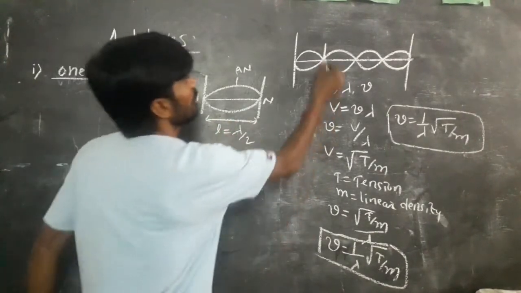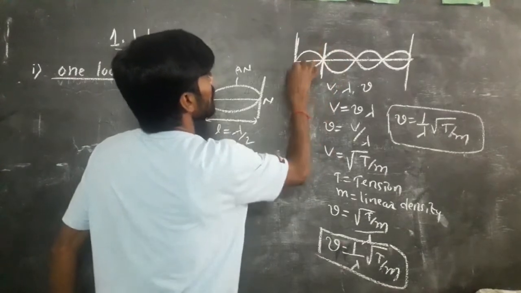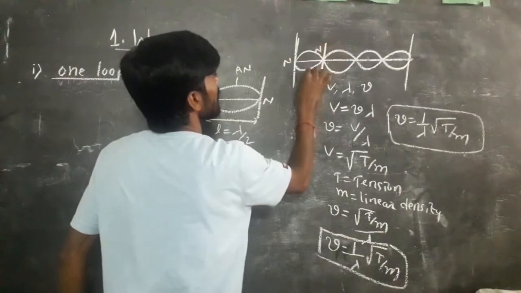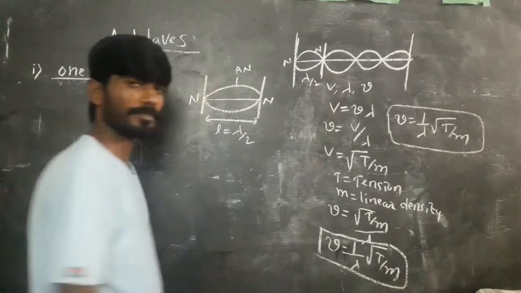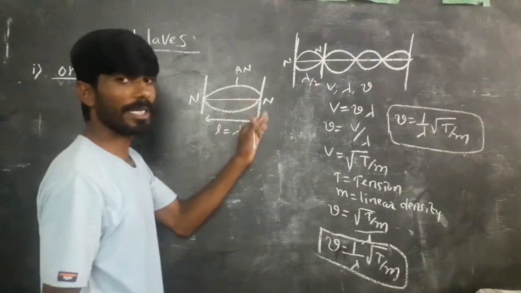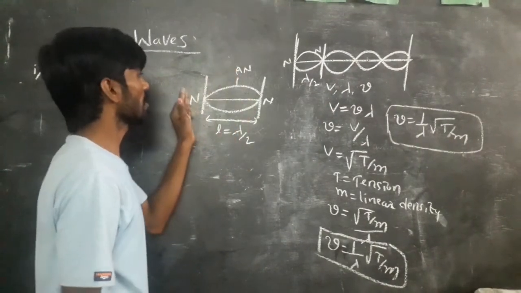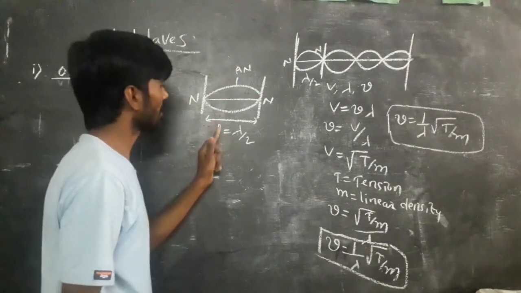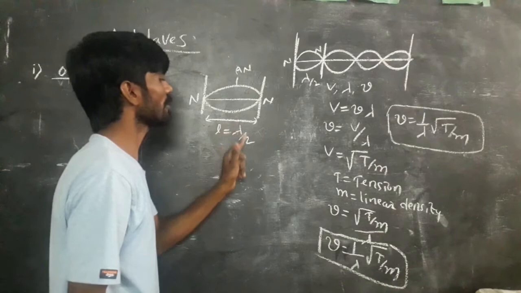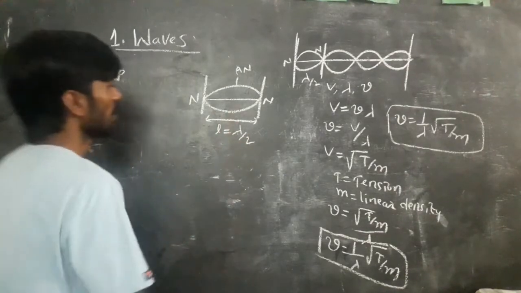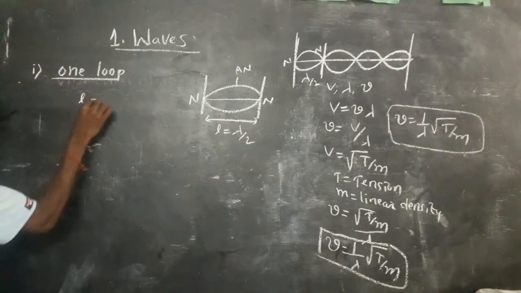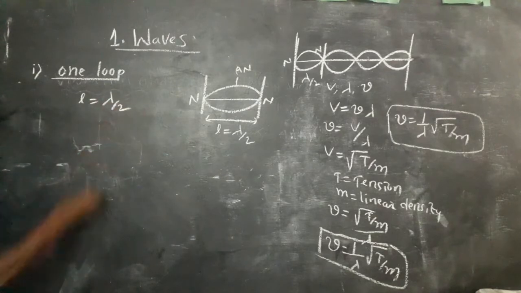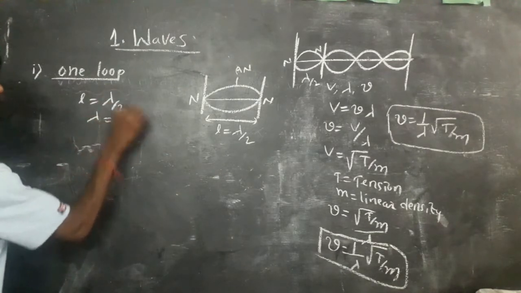Why lambda by 2? Because the distance between two nodes is lambda by 2. So L is equal to lambda by 2, then lambda is equal to 2L.